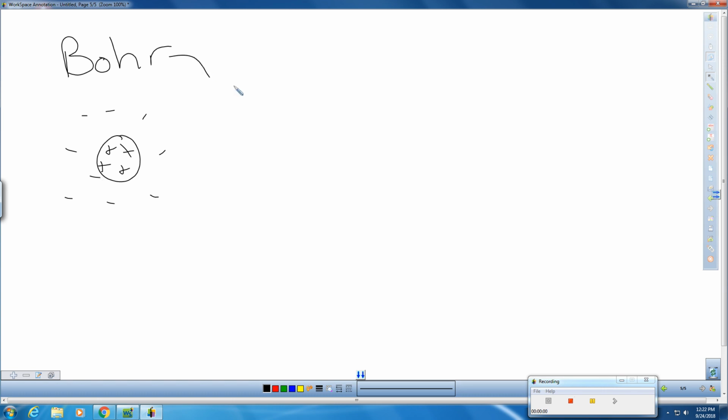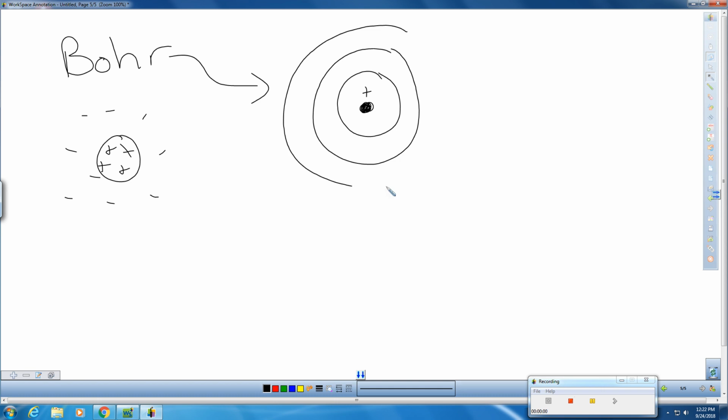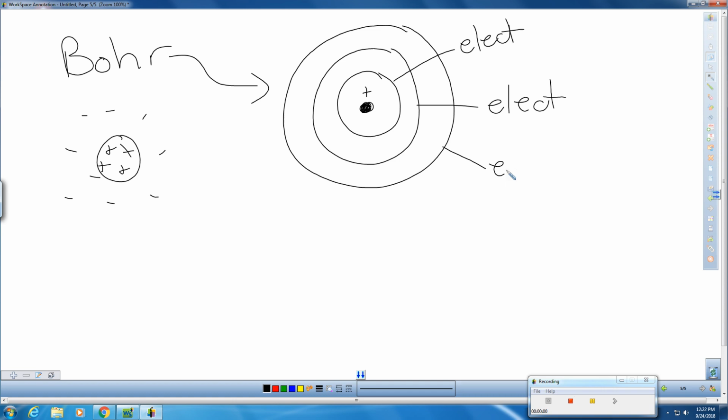What Bohr concluded was that there were levels. We had this dense positive part in the middle, and then a level, and then another level, and then another level from there. Each one of those levels housed electrons, and those electrons were the negative parts moving around the positive nucleus of the atom.